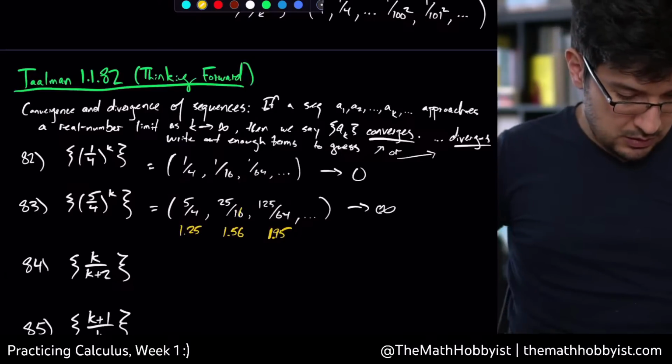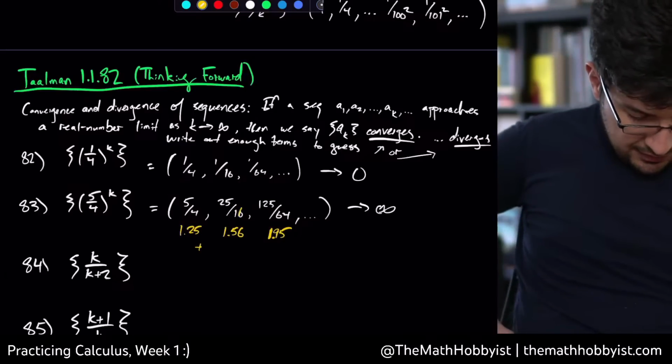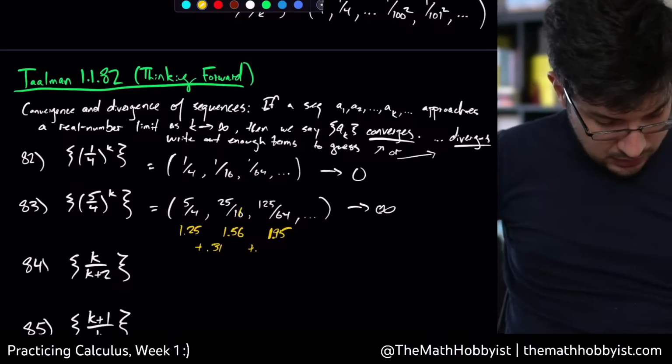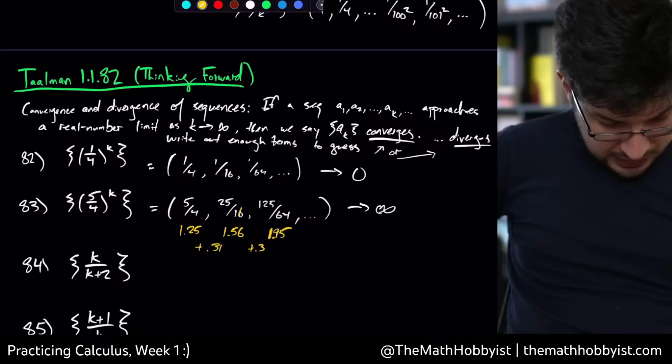So this gave us a point. We added an extra 0.31. Here we added an extra 0.39.